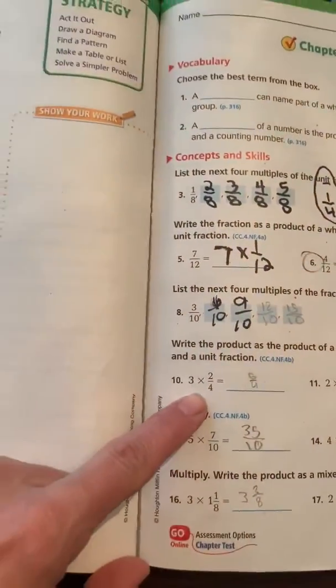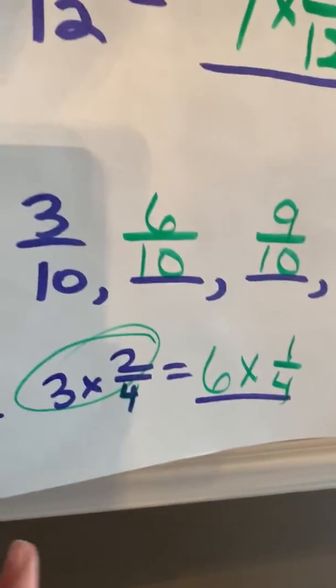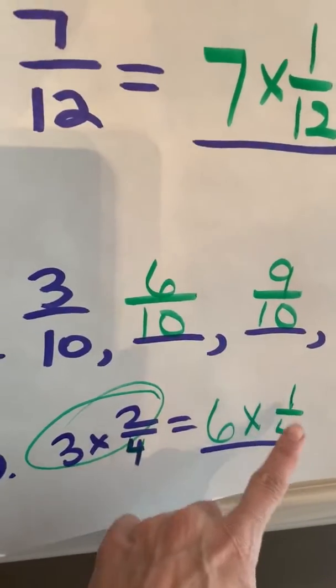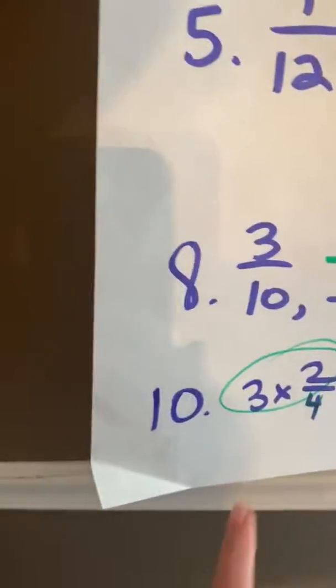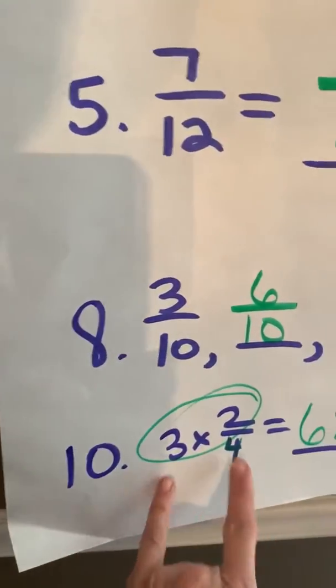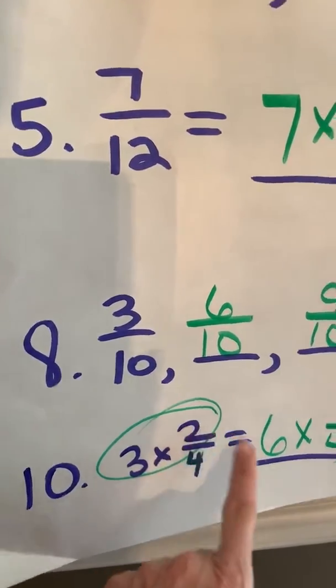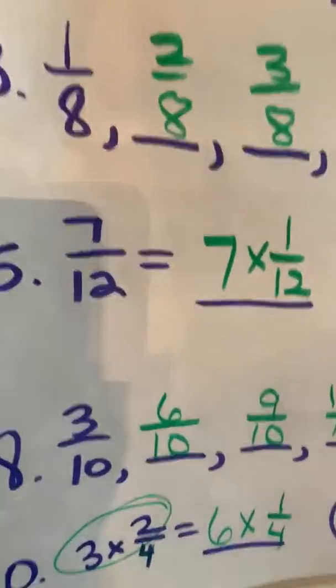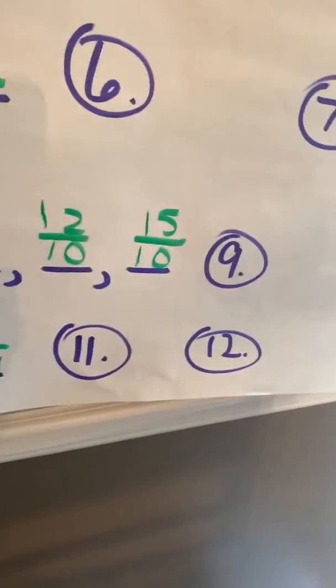Number 10 is talking about 3 times 2/4. So it is the same thing as 6 times the unit fraction 1/4. So 3 times 2/4 would be the same thing as 3 times the numerator, being 6, times the unit fraction 1/4. So go ahead and try 11 and 12 for that one.